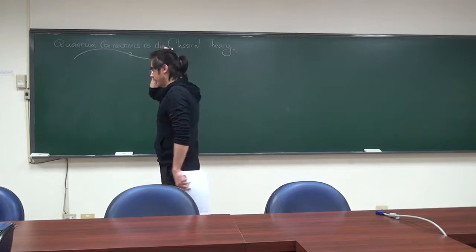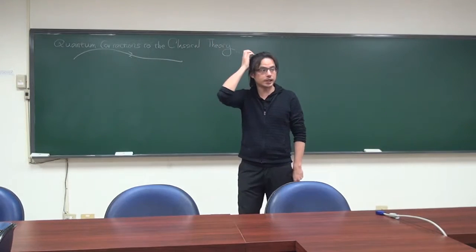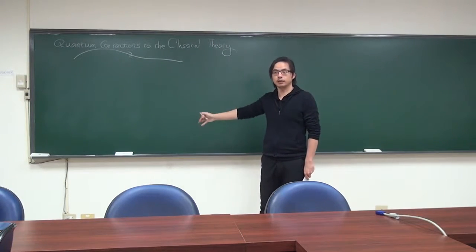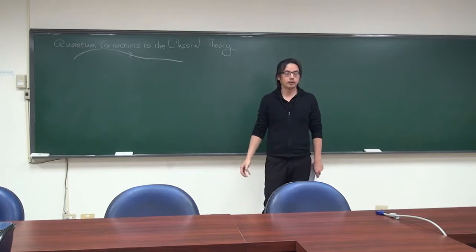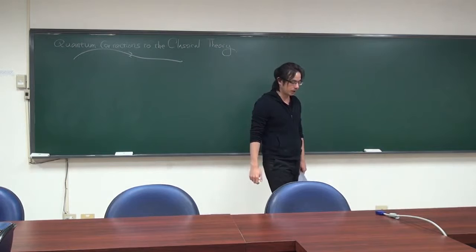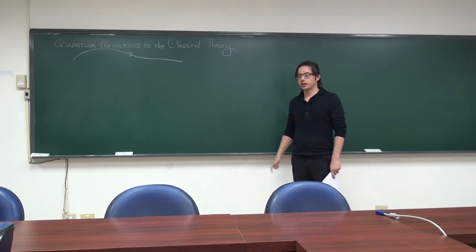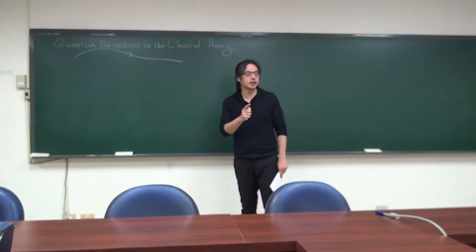We've already discussed a lot of the properties that one would expect to see within the quantum corrections, all the various divergences that could appear, and what the physical meaning of these divergences is. So in this lecture, I'm going to give one explicit example.